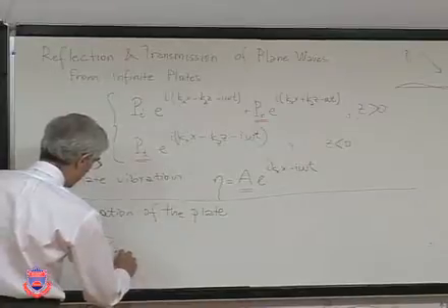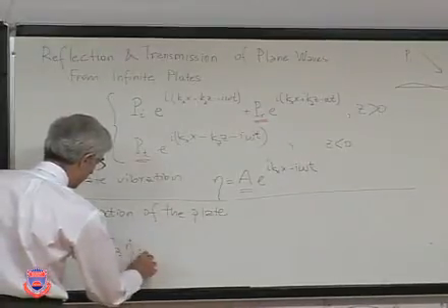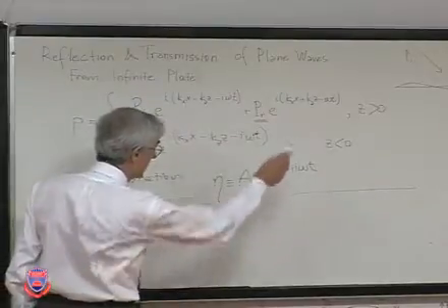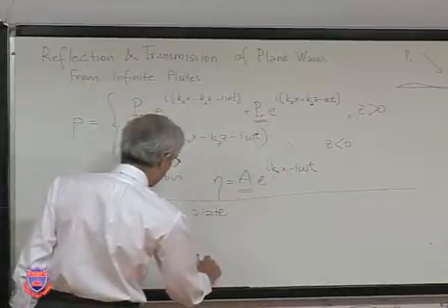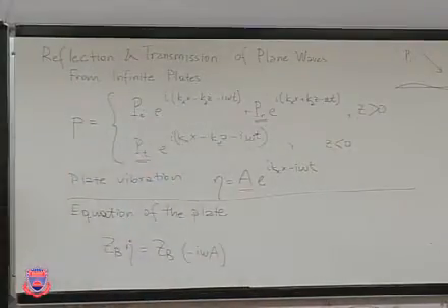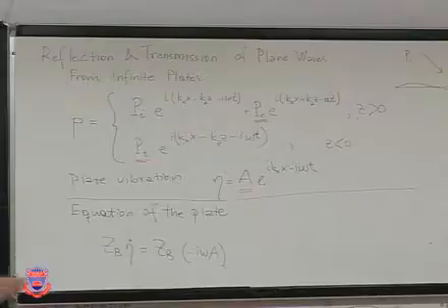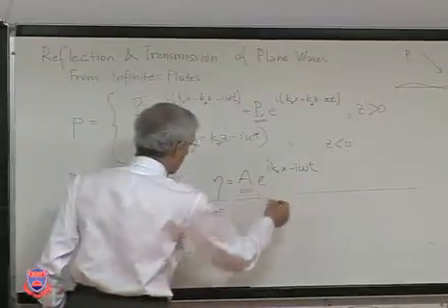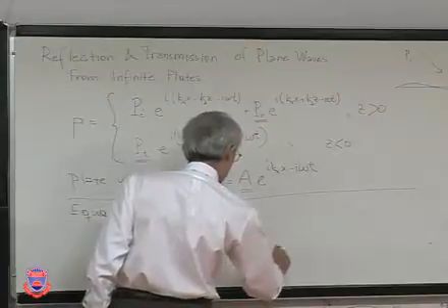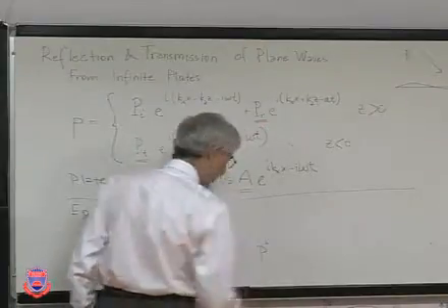Plate impedance times velocity. Or plate impedance, velocity is what now? If I write it, minus i omega A. Okay, I'm dropping all the variables because this has to be the same for everything. And this is now, let's see.